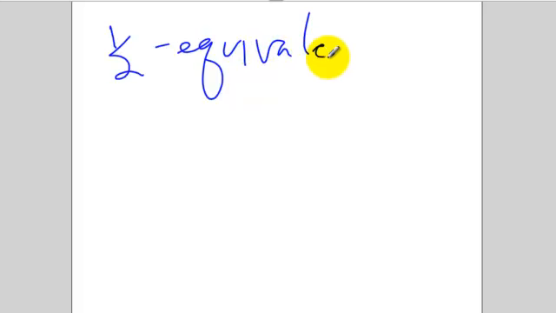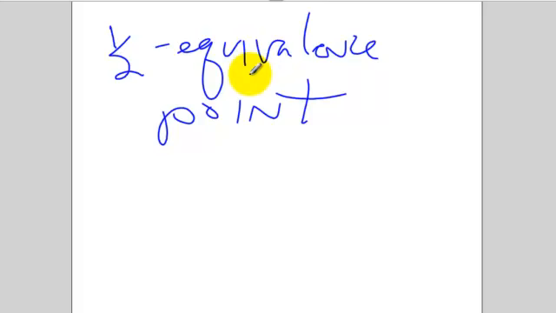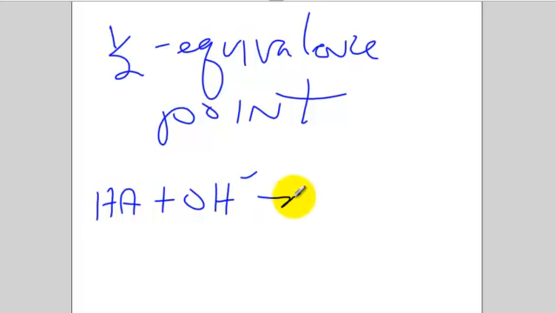The other important place to notice in a titration is something called the half equivalence point. The half equivalence point is exactly what it says. It's halfway to the end point, or to the equivalence point. It's the point where, when I'm doing the stoich step, I have HA plus OH minus goes to water and A minus.